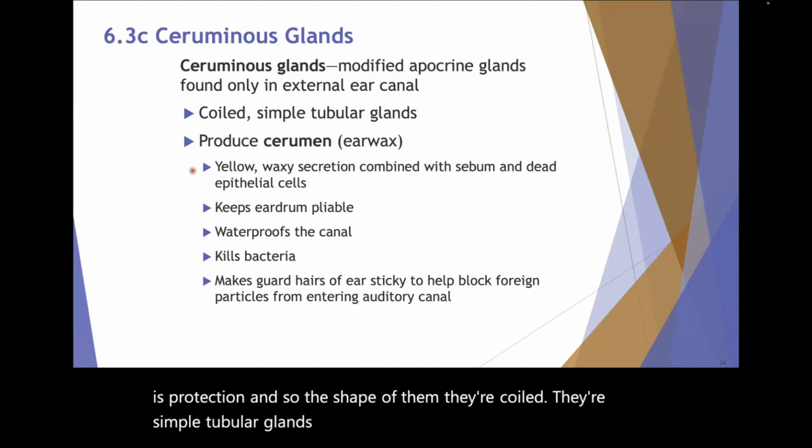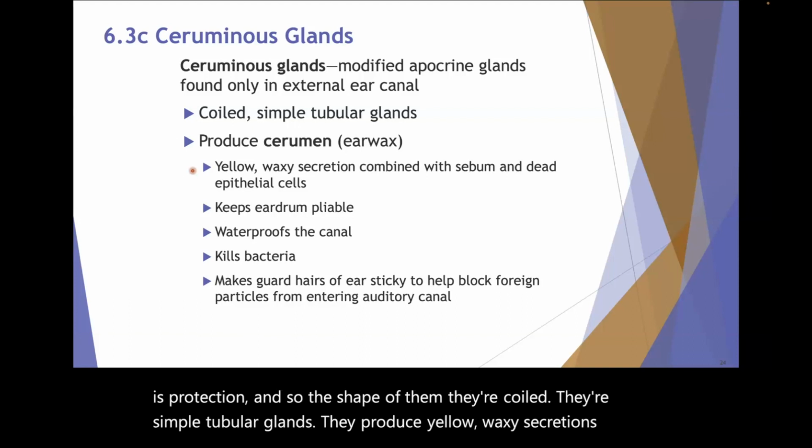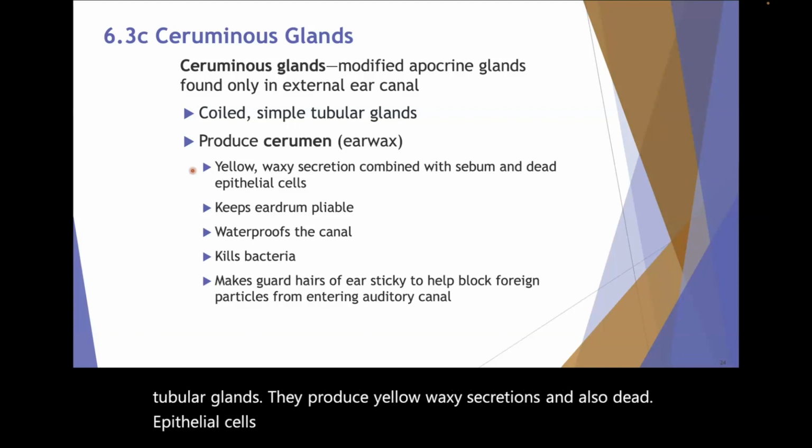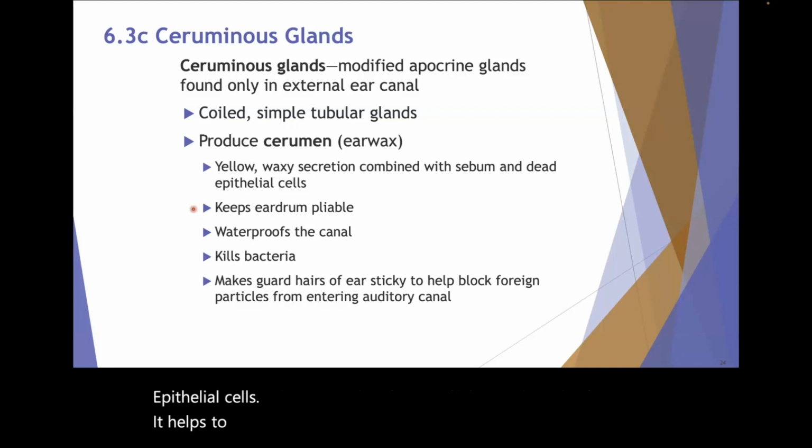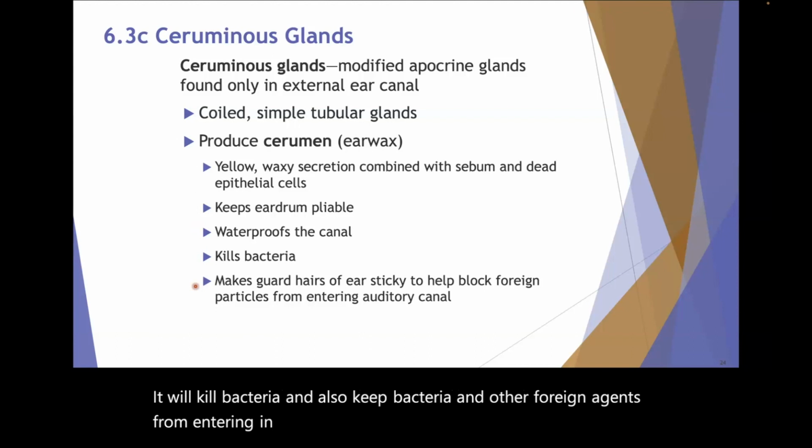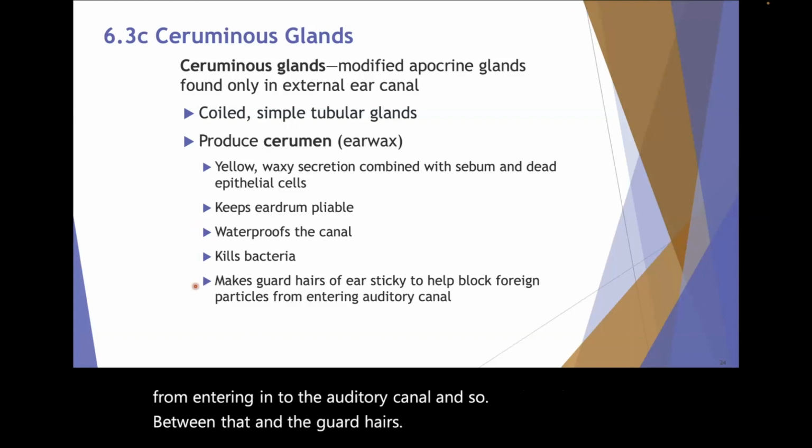They produce yellow, waxy secretions and also dead epithelial cells. It helps to keep those eardrums pliable. It helps to waterproof the canal. It will kill bacteria and also keep bacteria and other foreign agents from entering into the auditory canal. And so between that and the guard hairs, that's what keeps foreign agents out.